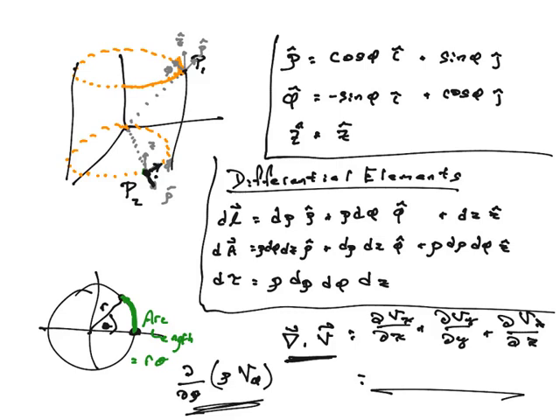And then we build up the differential elements, dl, dA, and d tau in spherical coordinates. Once we have that done, then we're ready to start doing some actual electricity, magnetism, and other types of problems that are a little bit more complicated that make use of these coordinate transformations.